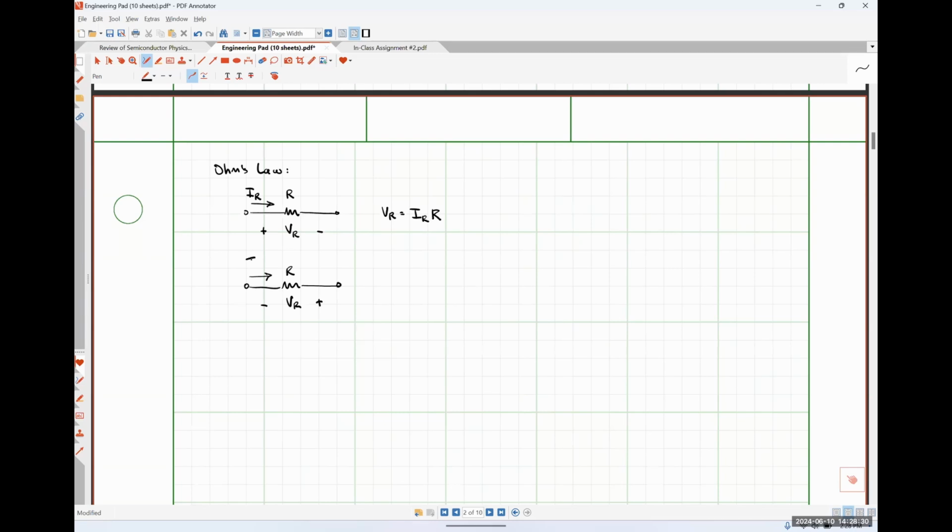My current is now going to be flowing into the negative polarity terminal. So what do you guys think Ohm's law should look like now? V equals negative IR. Exactly right.